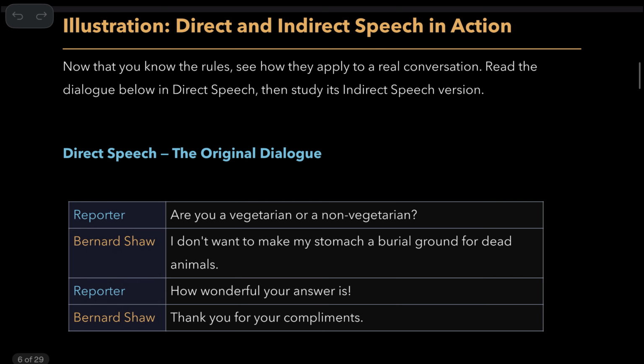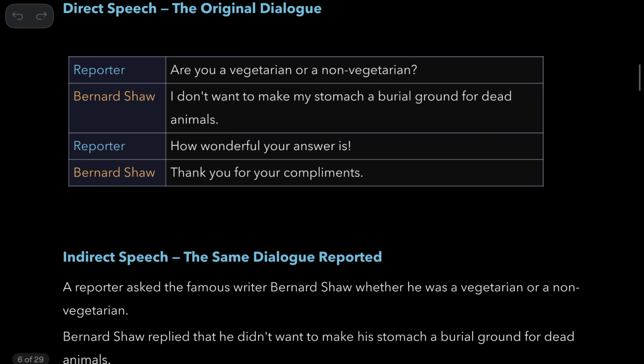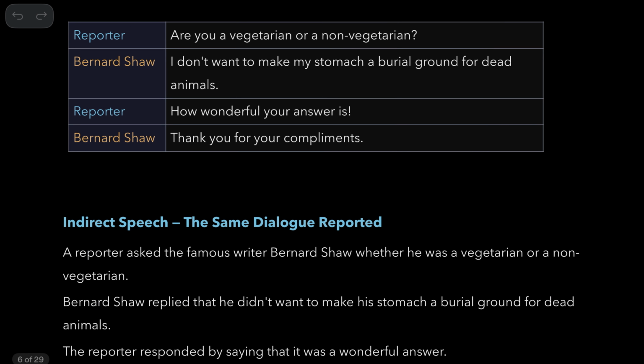So now you can take a look at some examples. See here, there's a dialogue between a reporter and Bernard Shaw. See how their dialogue is reported. So the reporter says, are you a vegetarian or a non vegetarian? Look at the reported speech.